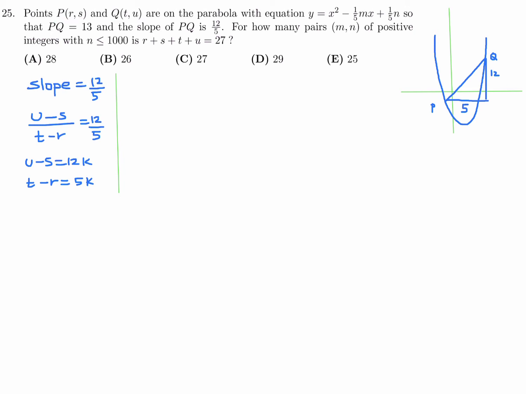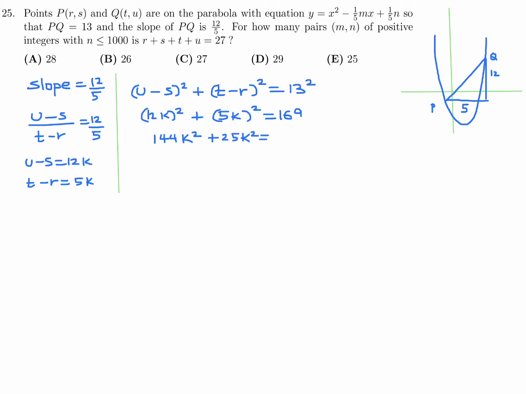Using the distance formula and those 2 points, (U − S)² + (T − R)² = 13². Let U − S be 12K and T − R be 5K. Squaring, I get 144K² + 25K² = 169, so 169K² = 169, which means K is equal to 1.